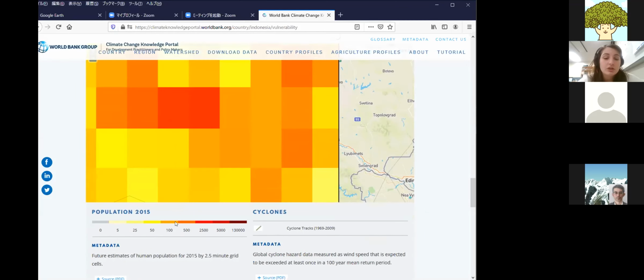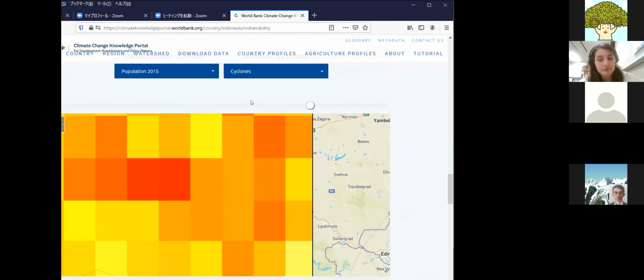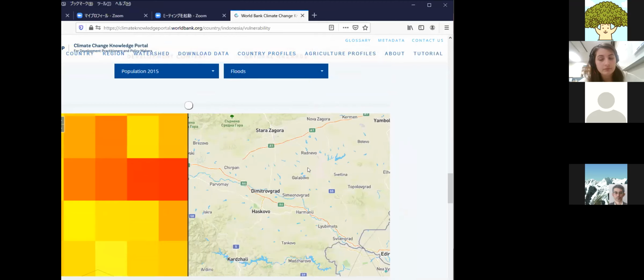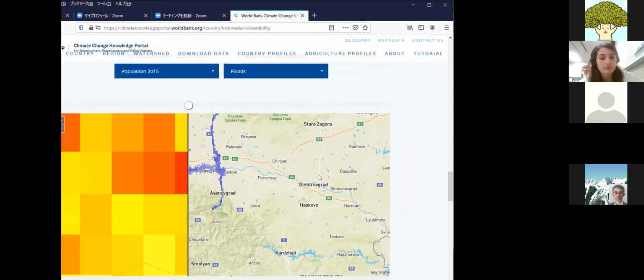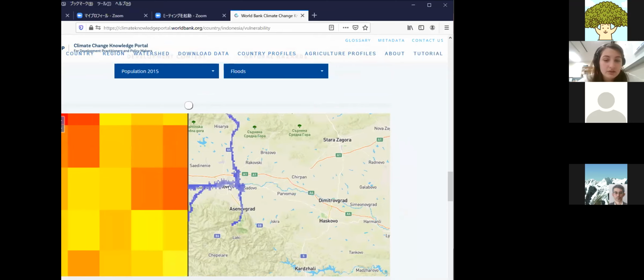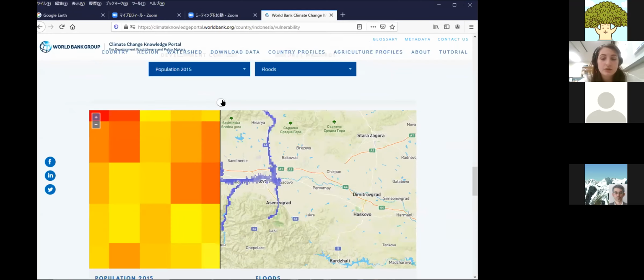We could change cyclones maybe to floods. Floods. Okay. And over here you can see the river that creates an issue sometimes.